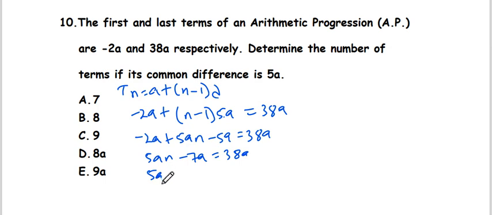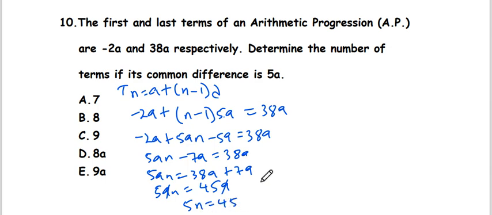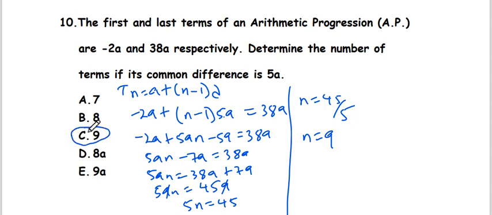So 5An is equal to 38A plus 7A, that's 45A. So A cancels out A, we're left with 5n is equal to 45. So n is equal to 45 divided by 5. n is equal to 9. Option C is our answer here.